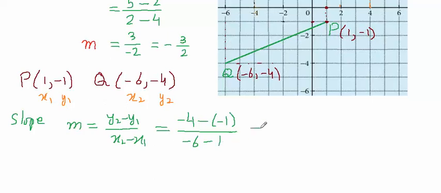Now you can use the calculator directly, or you can simplify by yourself using mental math. So -4, negative will become plus, so it is -4 plus 1 over -6, and -1 will become -7. And then -4 plus 1 is -3 over -7. And then the negatives cancel, so the exact answer is 3/7.